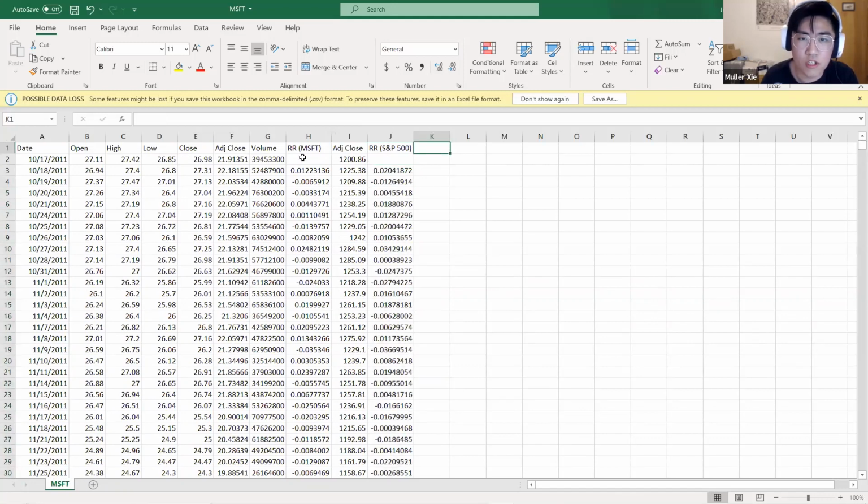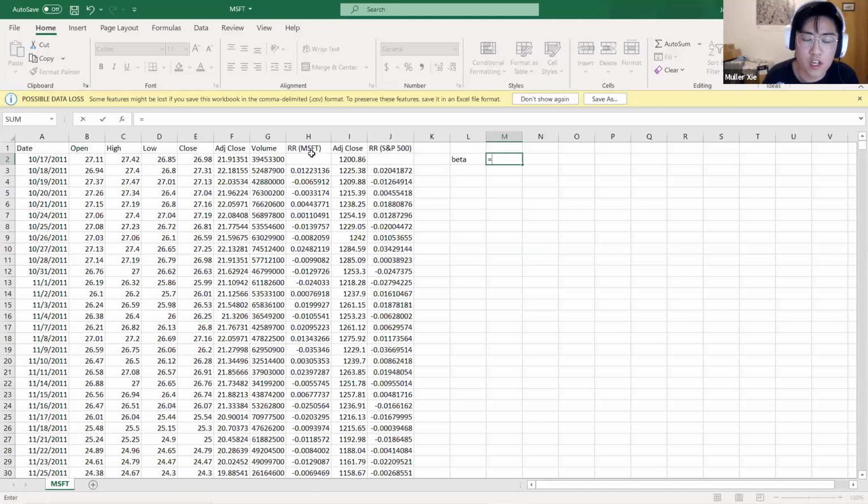So then what we want to do is to calculate the beta here. Basically the beta is just the slope between the rate of return of the target company that you want to analyze, here it should be Microsoft, and the market rate of return.